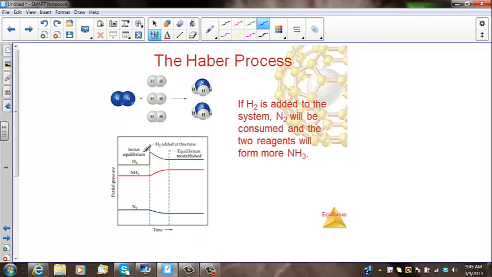As H2 increases in concentration, it is going to collide more with N2, meaning N2 will decrease and the formation of NH3 will increase. So initially I increased H2, but as it collides with the N2, it also decreases and this increases.